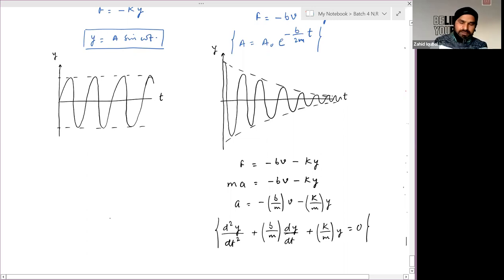Now, if you solve this expression, you will get y equals a naught e to the power minus b over 2m into t, multiplied by cos of omega dash t plus phi. So the expression related to damped oscillation will be like this. Now, this will be the amplitude, which is exponentially decreasing.